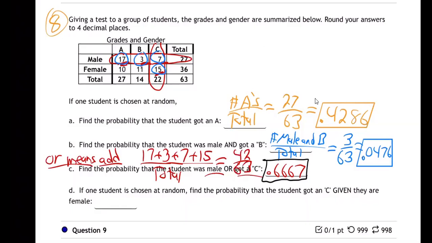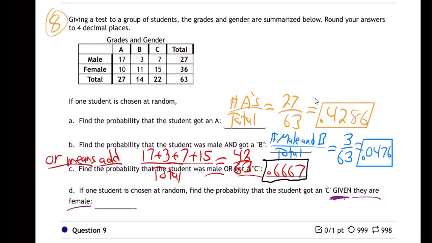Okay, finally, D. If one student is chosen at random, find the probability the student got a C, given, okay, now this is a given question. We're going to do a bunch of this next time. This given thing is special. When they say given, they are female. So they're telling us they're female.